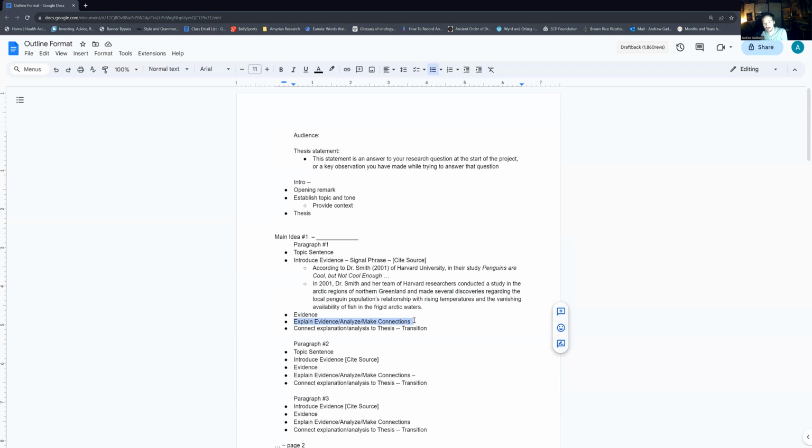If it's a quote, unpack it, put it into your own words. Say that Dr. Smith said that penguins are integral to the food chain, and if they are displaced, it can lead to crushing losses in biodiversity that are necessary for, you know, pioneering new medications or something like that.